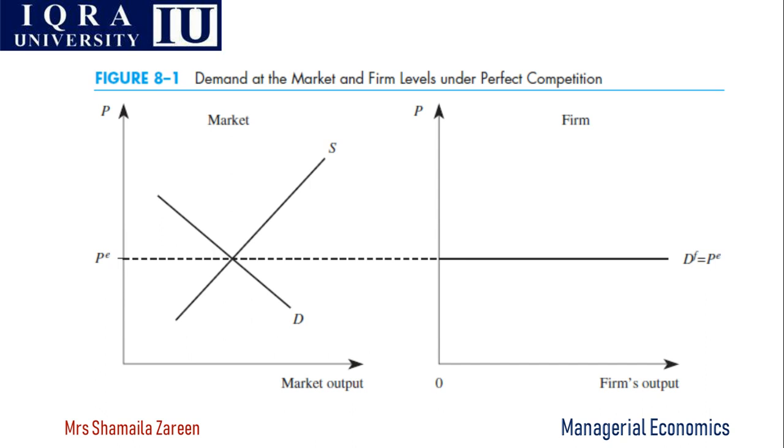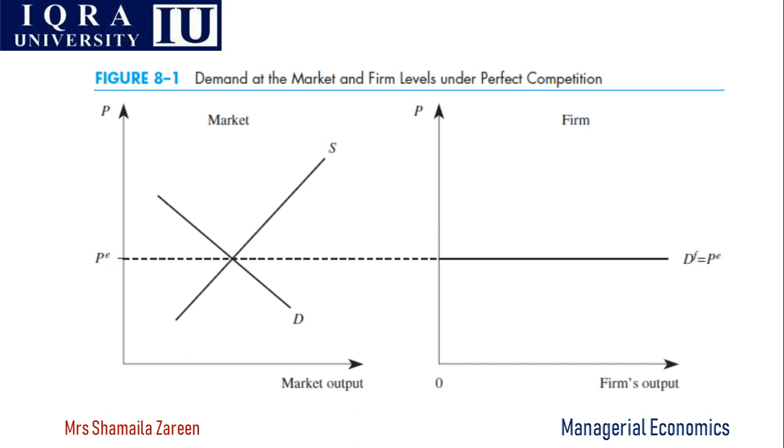The fact that the individual firm's demand curve is perfectly elastic reflects the fact that if the firm charged a price even slightly above the market price, it would sell nothing. Thus, in a perfectly competitive market, the demand curve for an individual firm's product is simply the market price.